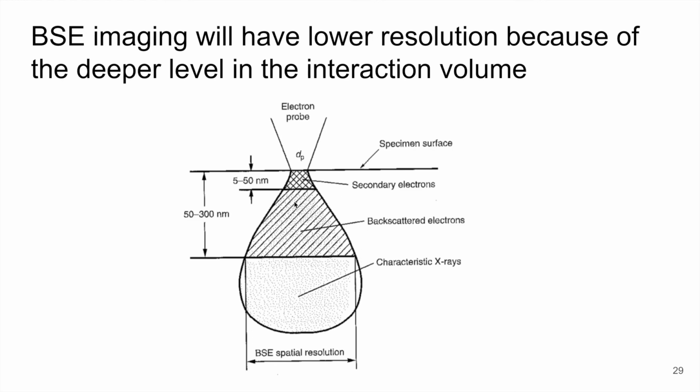That presents problems and lowers the resolution because we're taking the electrons from a much wider area than we had with secondary. That's the spatial resolution we talk about, and it's lower than for secondary electrons. So there's an inherent difference between those two that we can't control for.